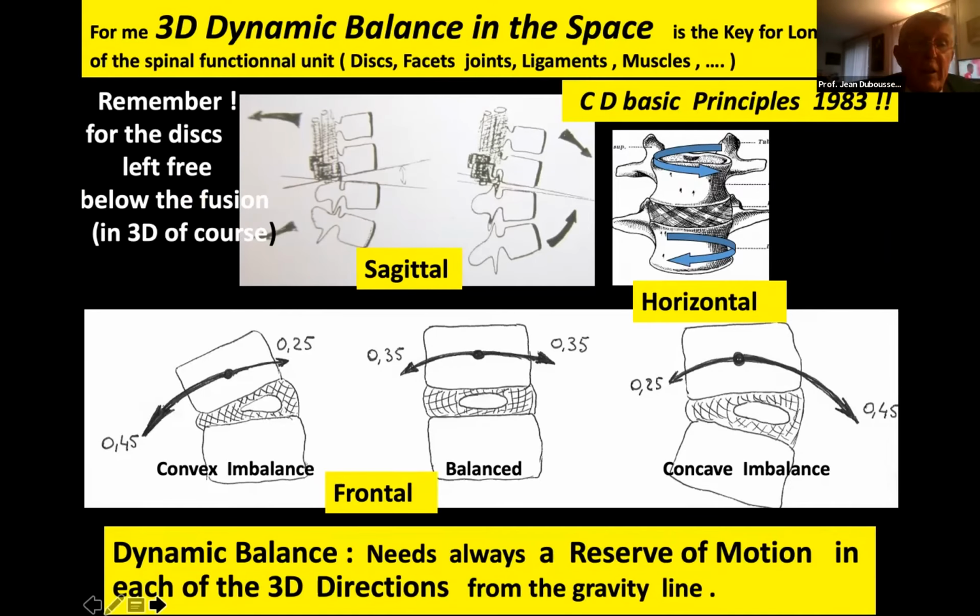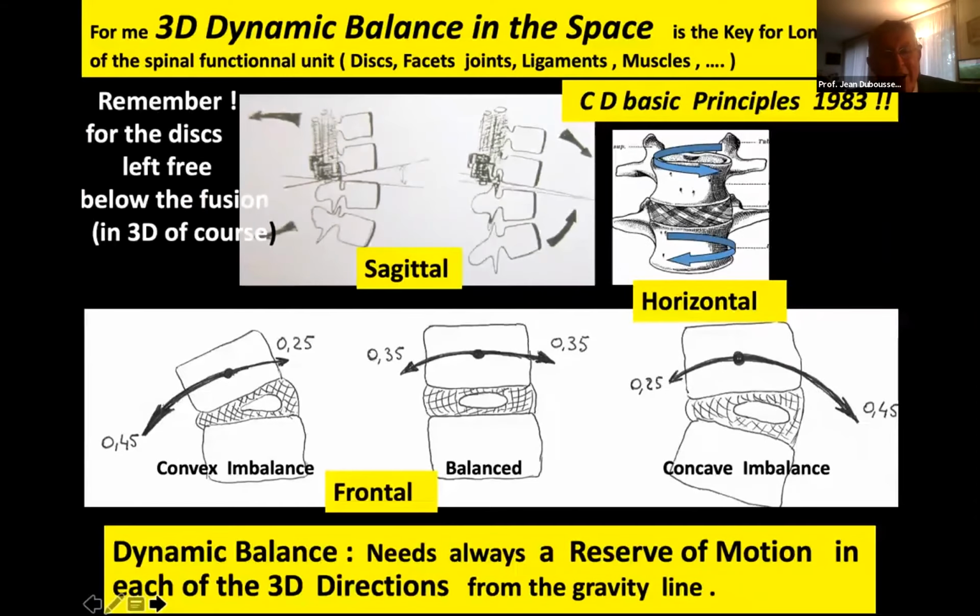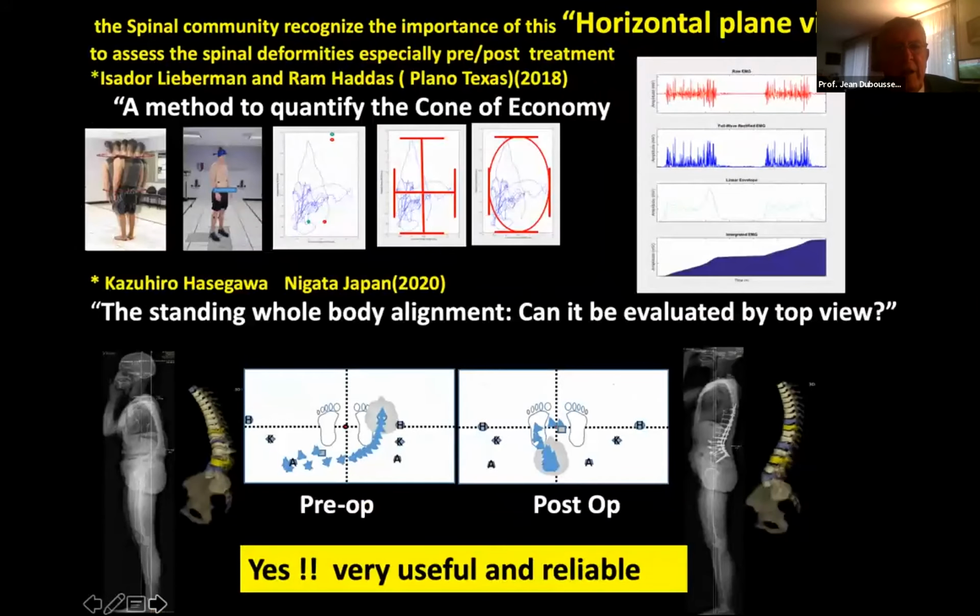And for me, the 3D dynamic of the past, remember my very, very juvenile drawing of the basic principle for the CD, the sagittal, horizontal, and frontal. And this shows only that we must have a reserve of motion in each of the three directions from the gravity line.